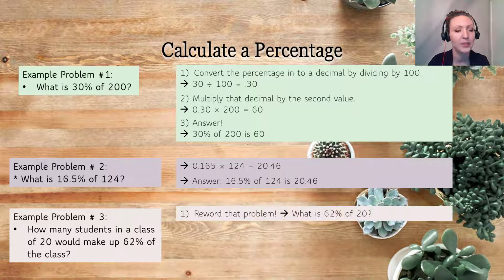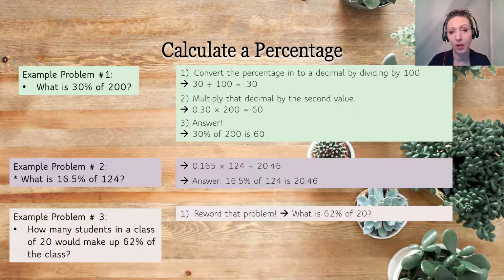All right, next problem. How many students in a class of 20 would make up 62% of the class? So when looking at a problem such as this, it always helps to reword the problem into something that makes a little bit more sense for you. So when I'm looking at this problem, I see that the information that I am supposed to find is what 62% of 20 is.